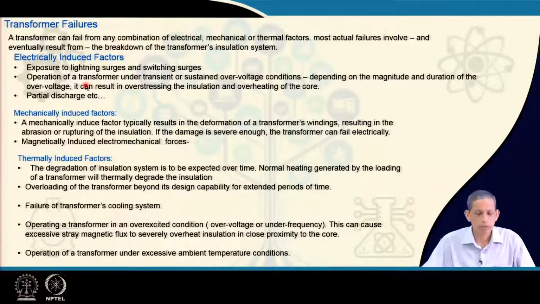Operation of a transformer under different transients or sustained overvoltage conditions leads to stress in the transformer winding, which may also lead to insulation failure. Partial discharge and the associated corona may lead to slow degradation, finally resulting in a permanent fault.